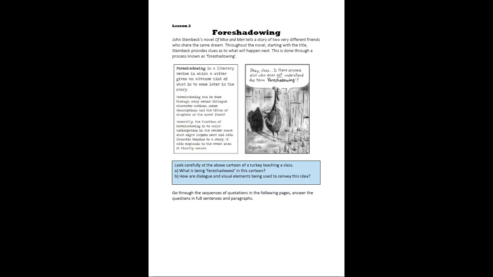We are going to look at this technique that Steinbeck uses all throughout the novel. We're going to look at three different sequences of extracts, three little groups of extracts, exploring how Steinbeck uses this technique of foreshadowing.